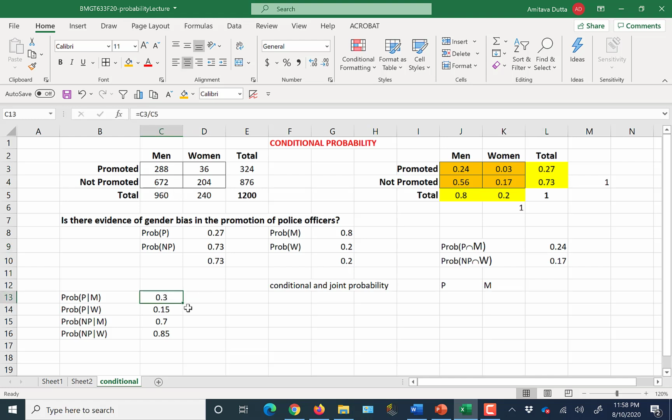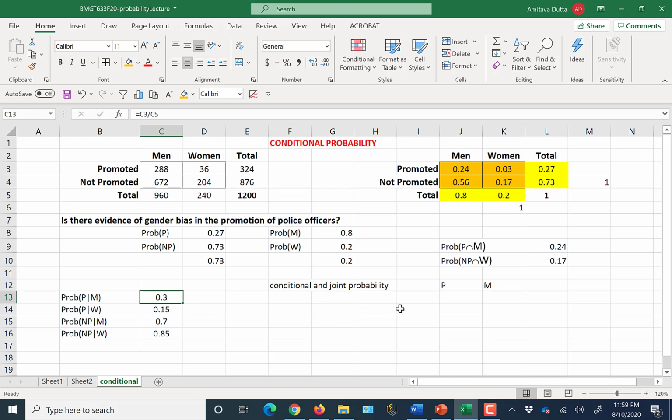And that's how we ended up getting the 0.3. So I hope you can see conceptually the difference between conditional and joint probability. Now let's parse this 0.3 a little bit further. If I look at the probability table over here, not the raw numbers, how can I come up with the 0.3?